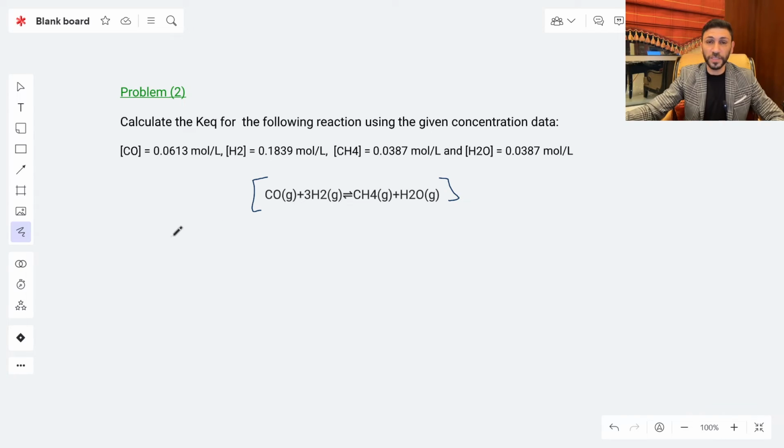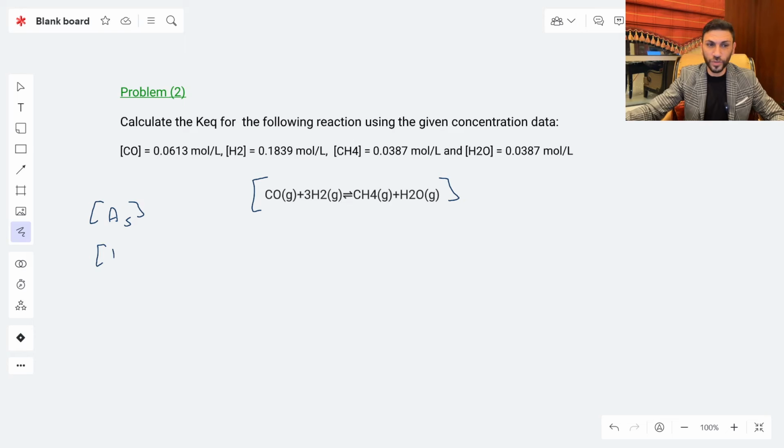Before we start, there is a very important thing. In the equilibrium constant expression, we only write the gases and the aqueous. So whenever you have gases, we can write the concentration for them. For the aqueous solutions, also we can write the concentration. But the concentration of any solid, for example if I have A, which is solid, is constant.